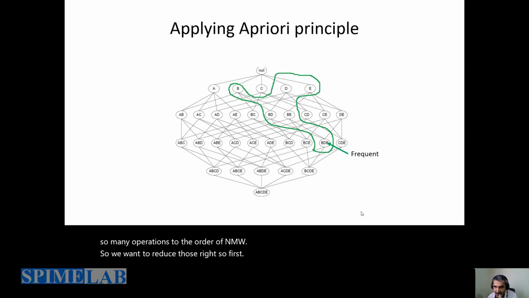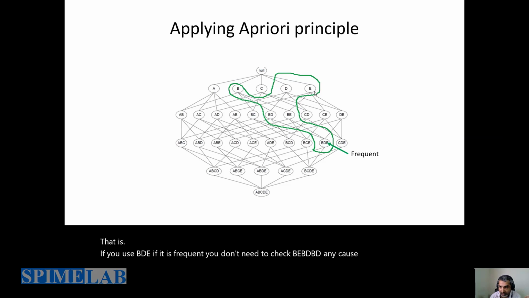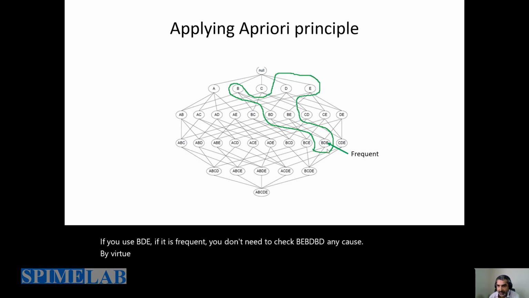hint that I'm giving you is that we can use this a priori principle. For example, if you know BDE is frequent, you don't need to check BE, BD, B, D, and E, because by virtue of a priori principle, they will be more frequent than BDE.